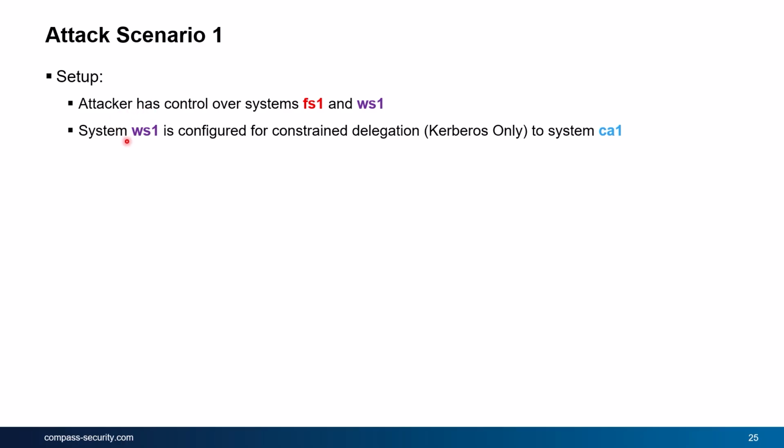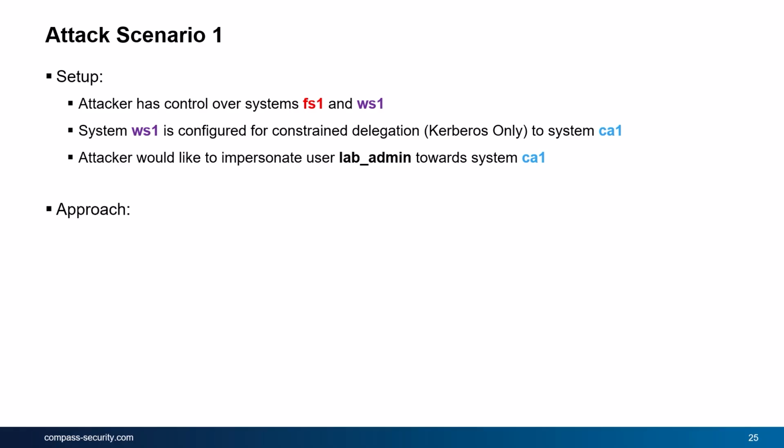We have the system WS1 that is allowed to delegate towards CA1. Again, in Kerberos only mode, that means we somehow need a user's presence or a user's forwardable service ticket to exploit this constrained delegation. What we want to do is impersonate the user labadmin towards this backend system CA1. Now, how do we approach this?